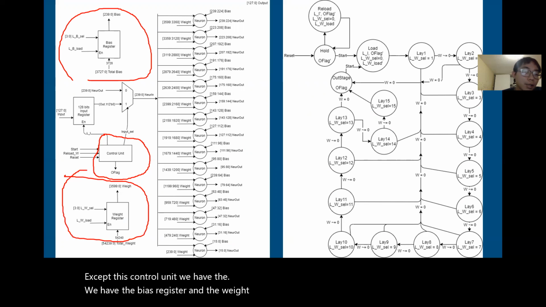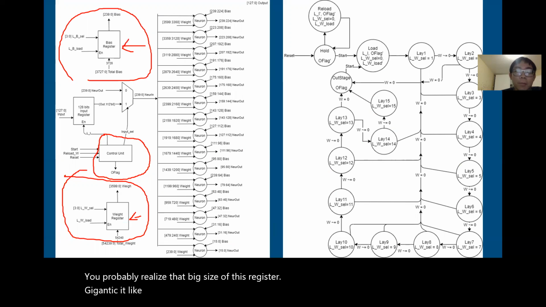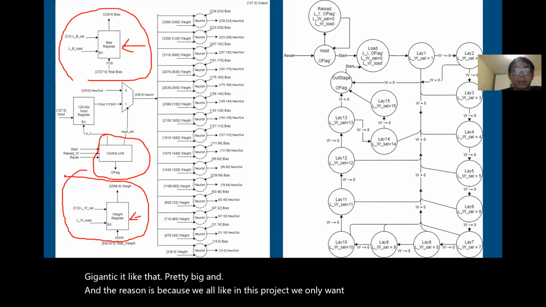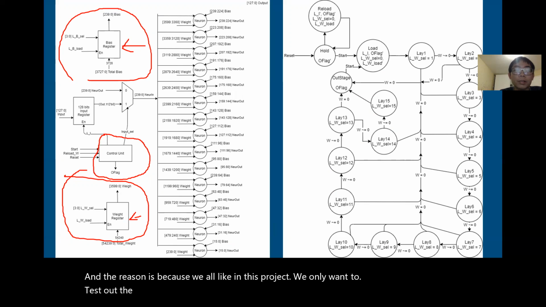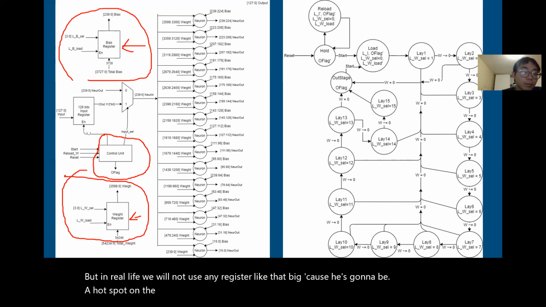In this case, you probably realize that the size of these registers is gigantic. The reason is that in this project we only want to test how the neural network performs in hardware, but in real life we will not use a register that big because it's going to be a hotspot on the chip, and it also wastes a lot of space and memory.